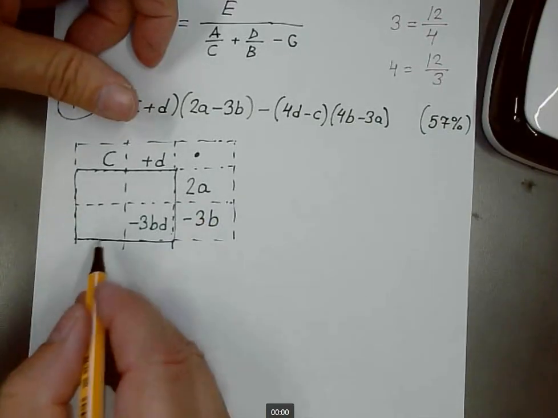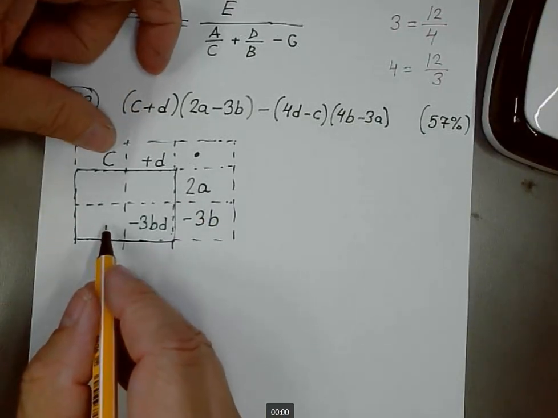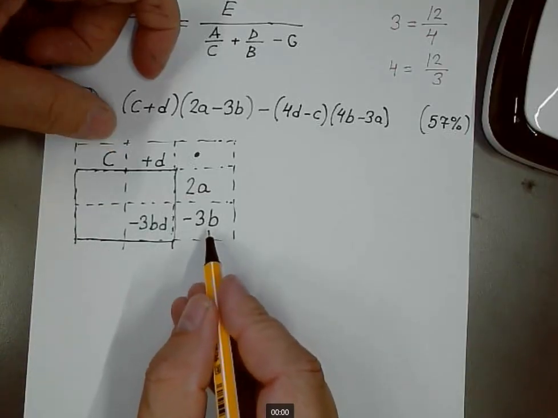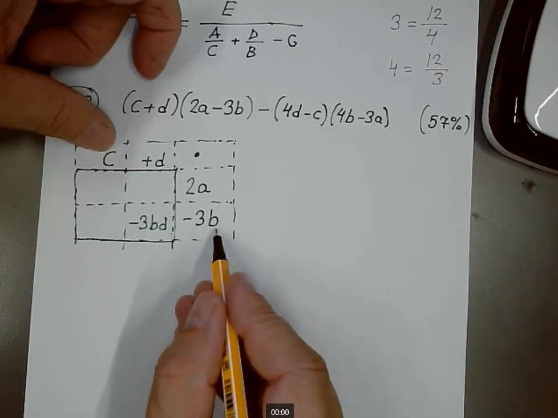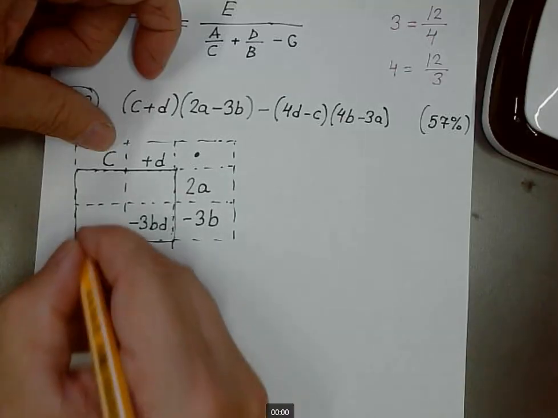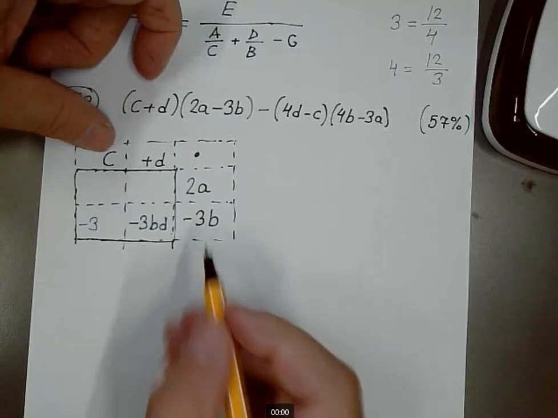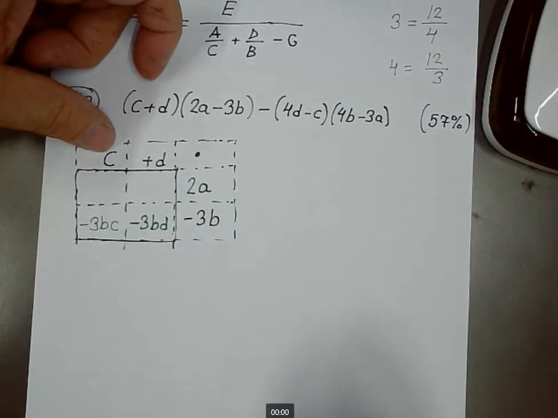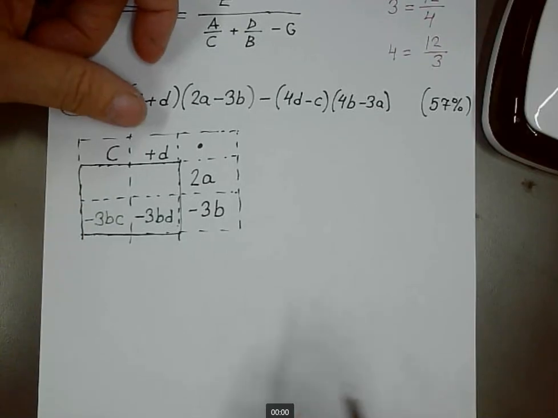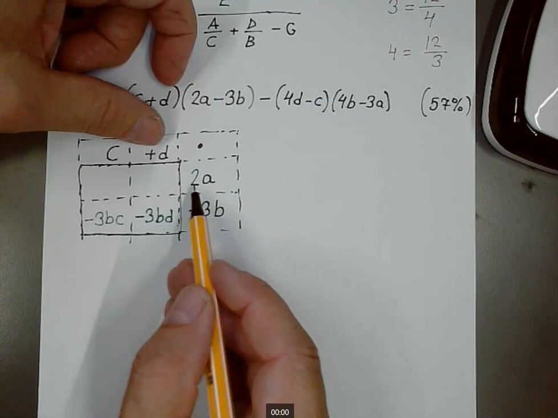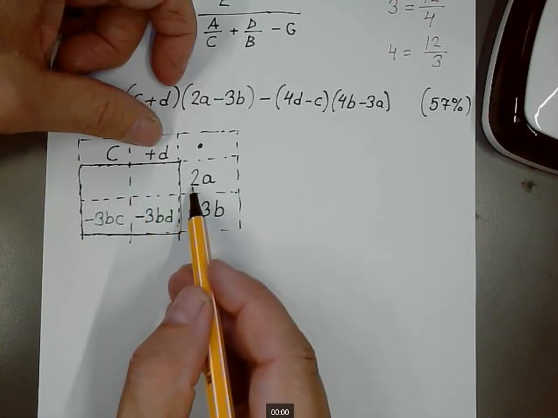And then, for example, this multiplication here, you have C and minus 3b. So when we multiply these, we get minus 3 and then only letters B, C. And then, for example, this here, we have D and 2A.